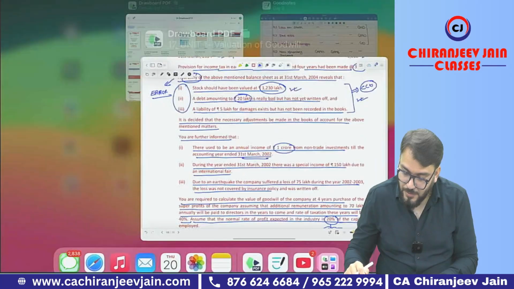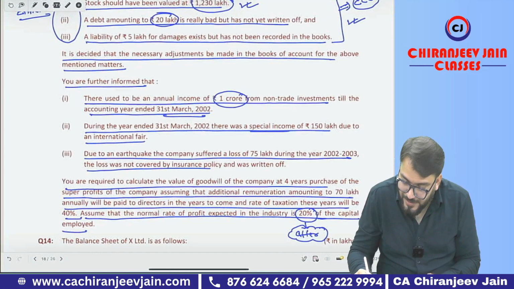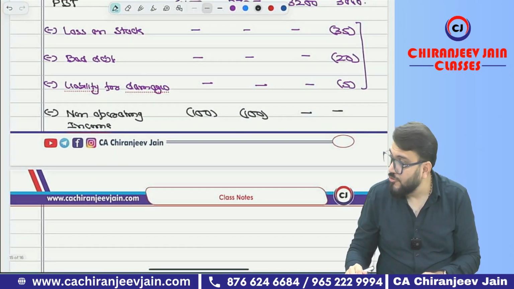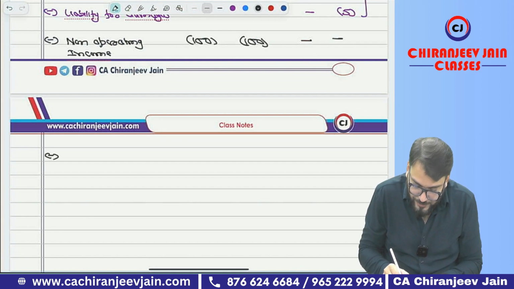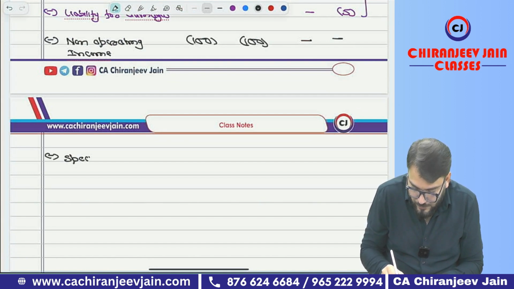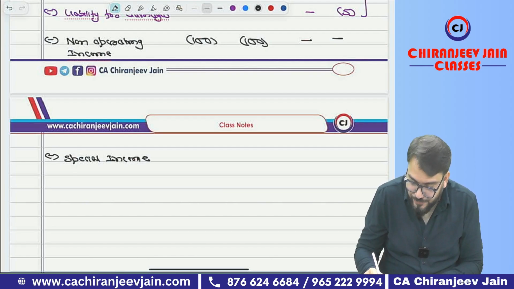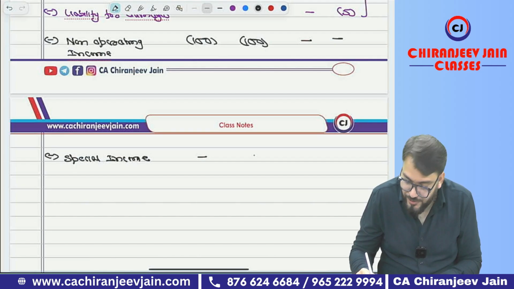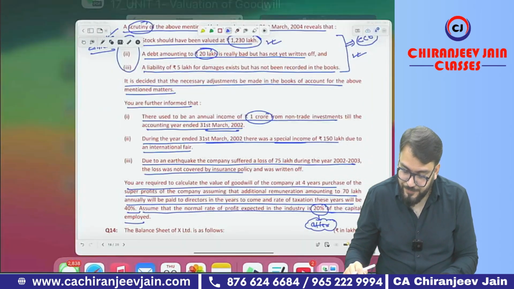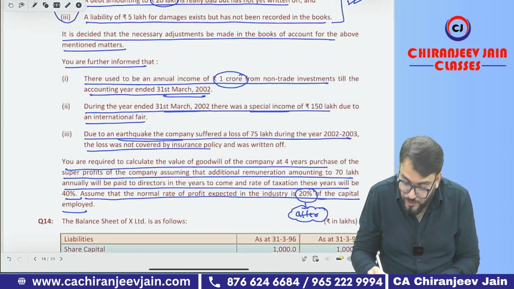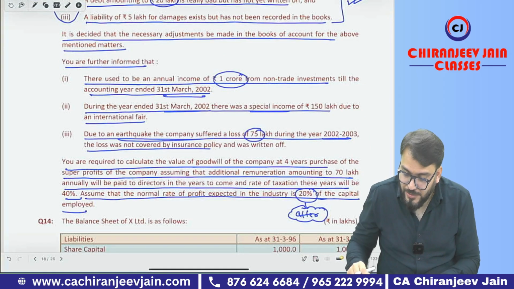Then there is some special income, of which year? Of 0102. So 0102 will be this second year. Minus special income which is non-recurring in nature. What is the amount? That is 150 lakh. Then there is some loss due to earthquake of 75 lakh in 2-3.